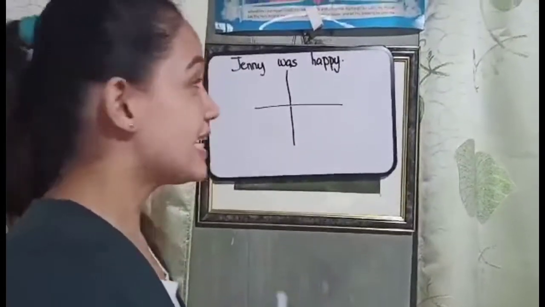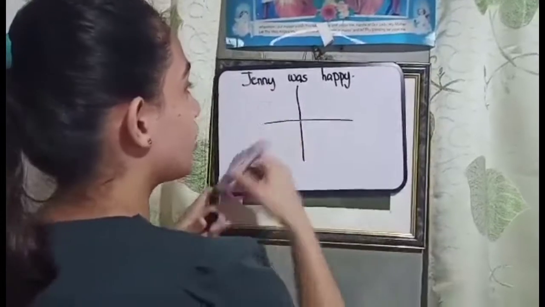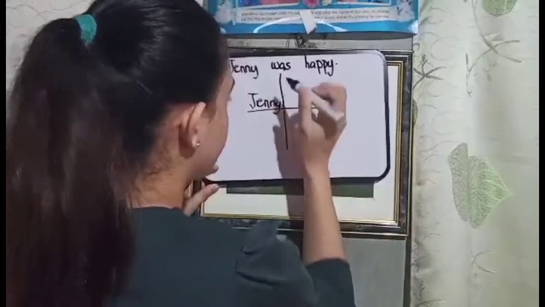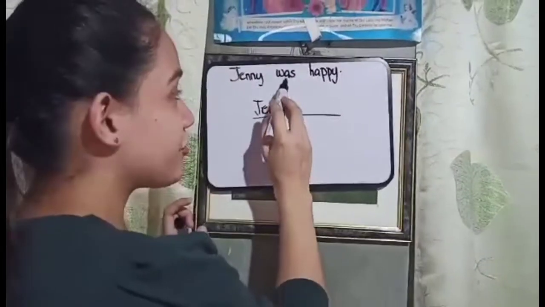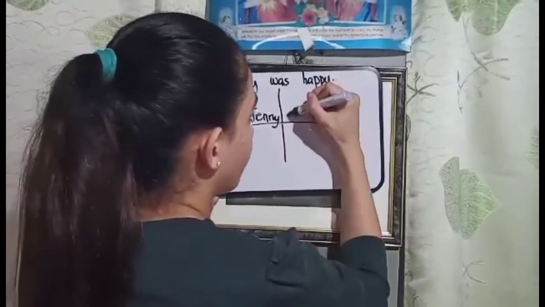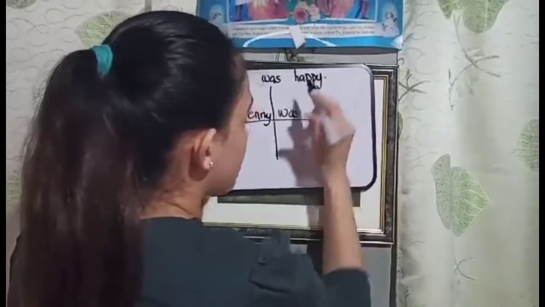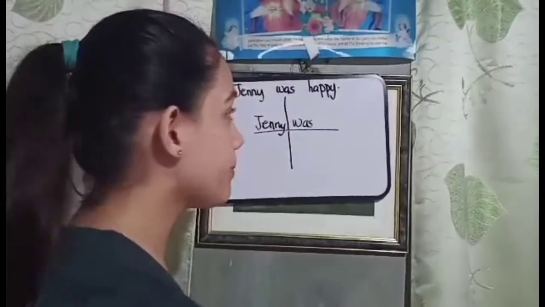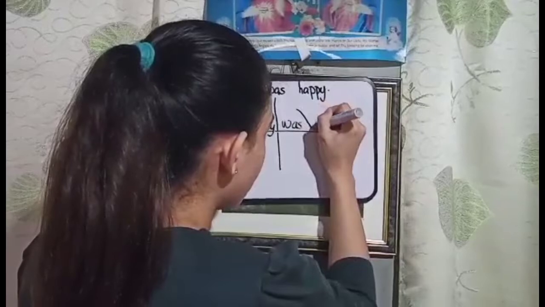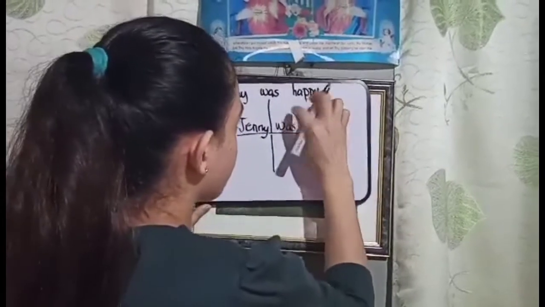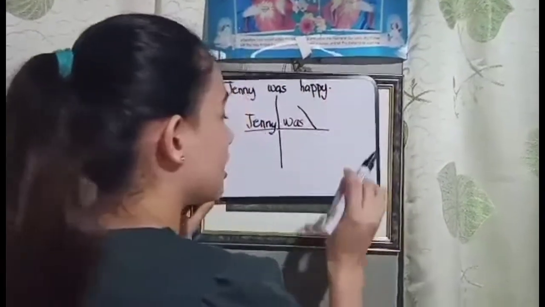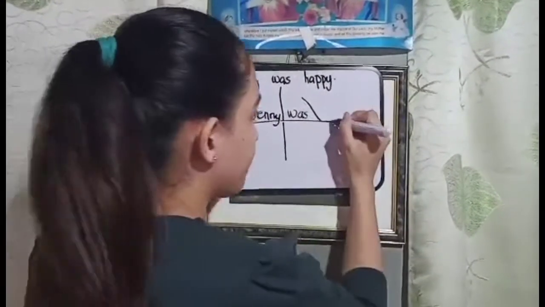In the sentence, Jenny is the subject, so we are going to write it on the left side. Was is the linking verb that links the subject to its complement. So before we move to the subject complement, let's draw a diagonal line that points to Jenny, because the subject complement completes our subject, and that is happy.